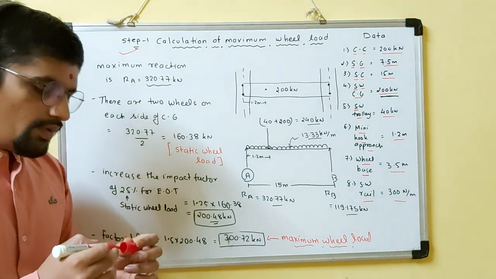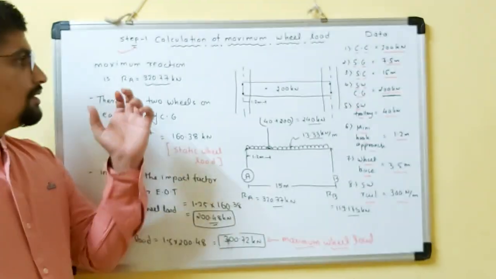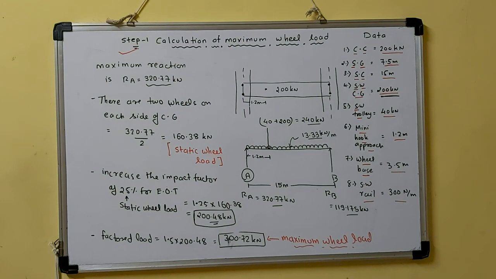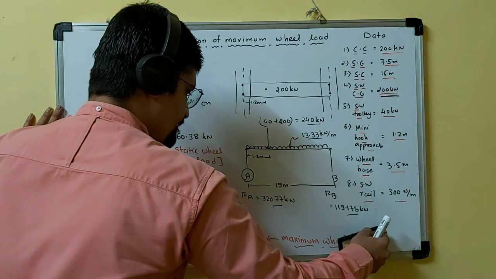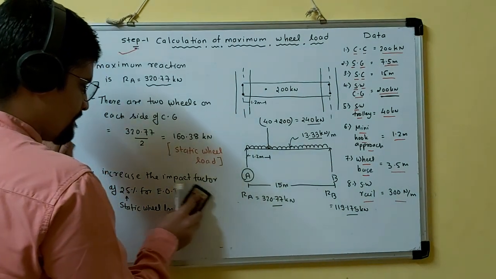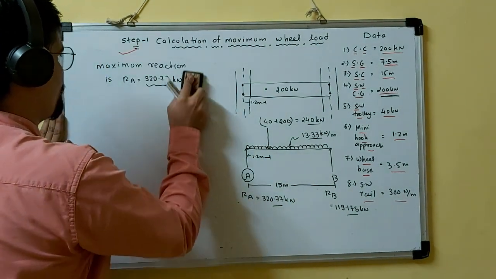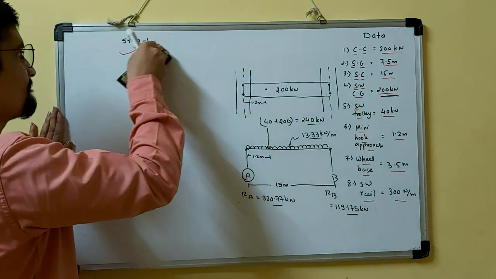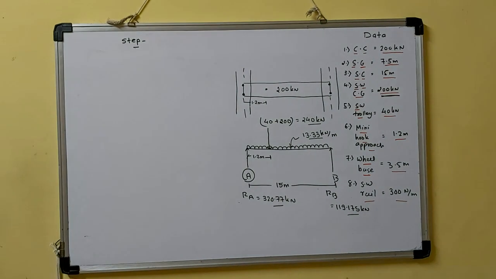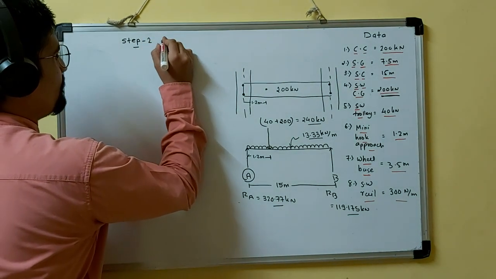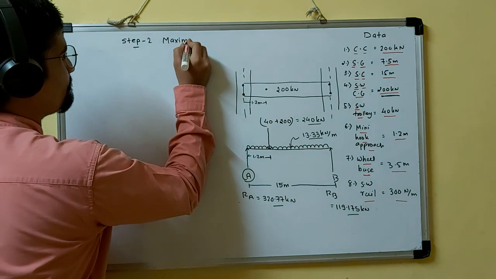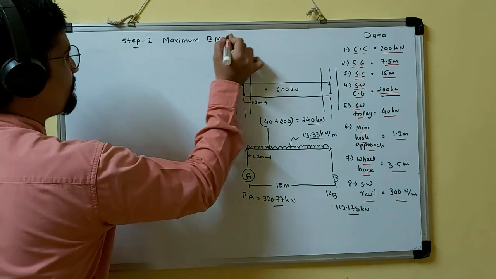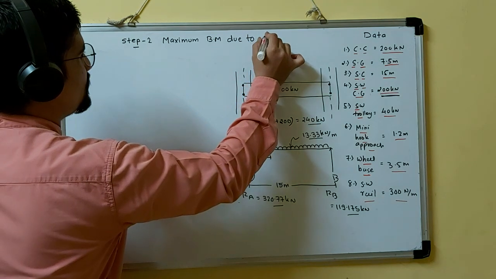Okay, so now moving forward to another step, which is the maximum bending moment due to wheel load.